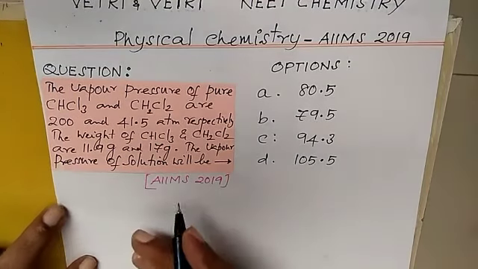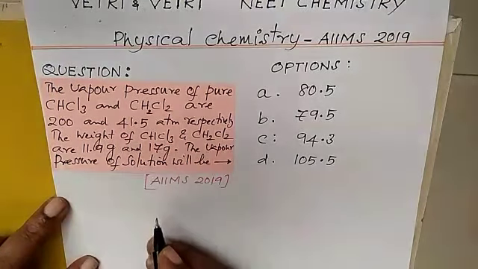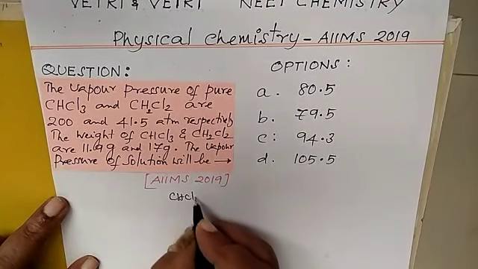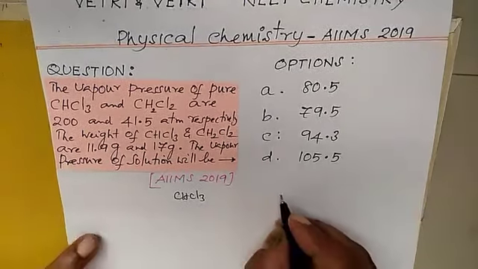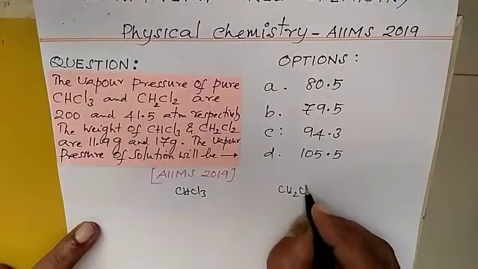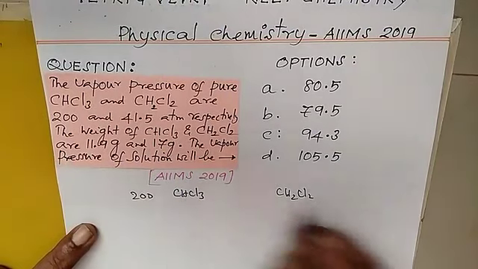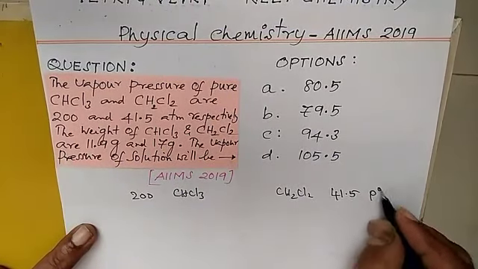Okay, after writing the data, we will have some idea. The vapor pressure is given in order. You write CHCl3 and then CH2Cl2, in the same order. Here its pressure is 200, and here it is 41.5. This is your P0.